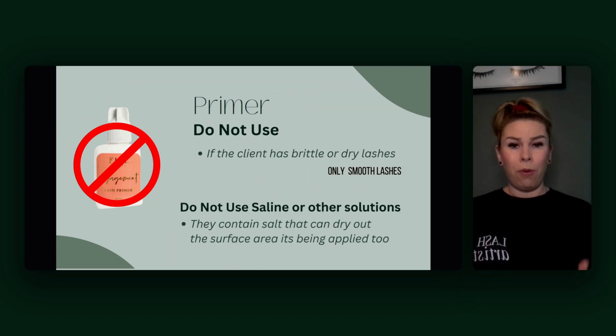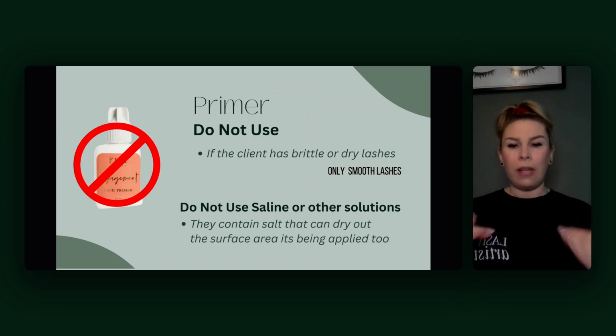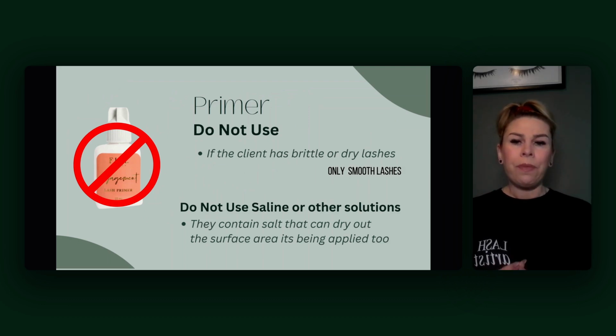When not to use primer is when the client has brittle or dry lashes. So really, long story short, you should only be using these on smooth lashes. Avoid using any saline or other solutions in place of lash primer. Usually they're going to contain salt. That is going to dry out that surface area that it's being applied to.